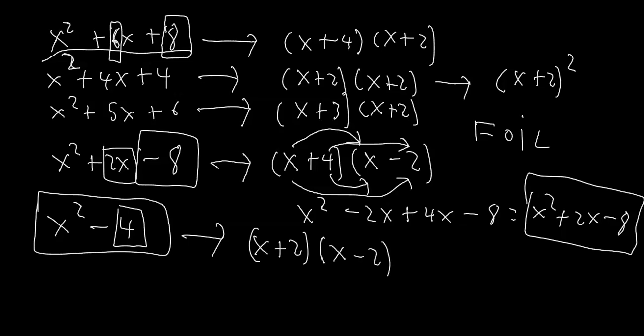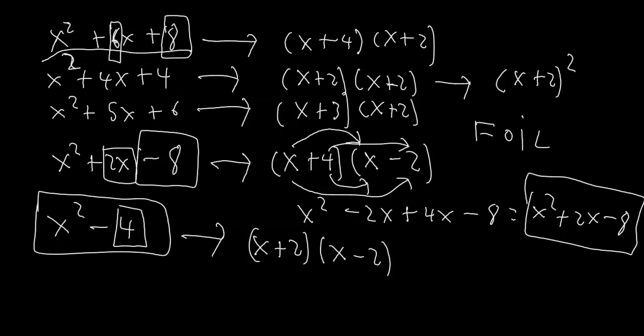So all I have to do in this case is find the square root of the constant when it's written like x squared minus 4, and then make one product, x plus whatever the square root was, times x minus whatever the square root was.